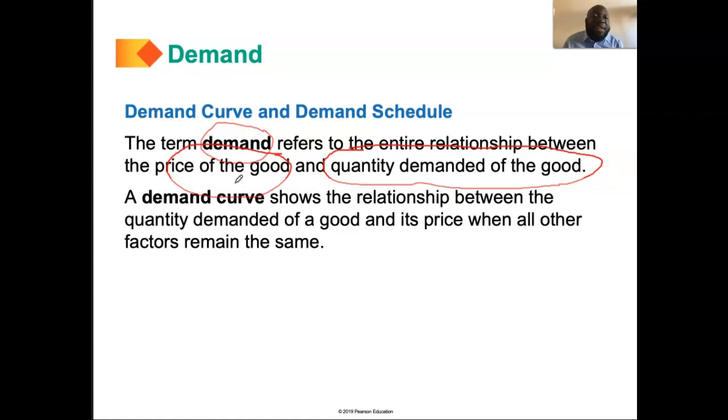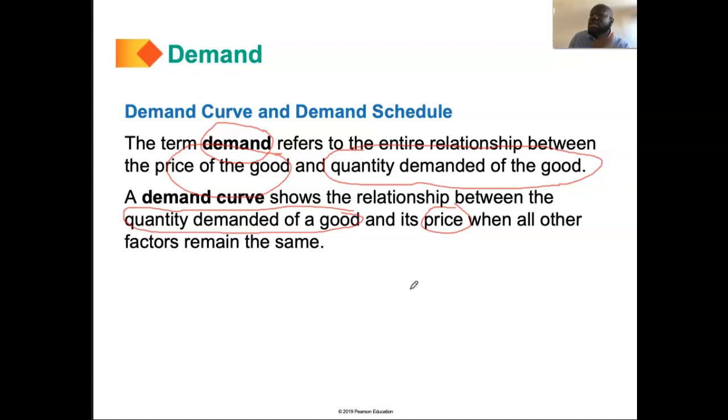And the demand curve is basically a graphical representation of the relationship between the price of a good and the quantity demanded of a good when all other factors that might affect demand are held the same, okay? So we're solely looking at just the quantity demanded and the price of the good, okay? So that is demand, and that is the demand curve, right?